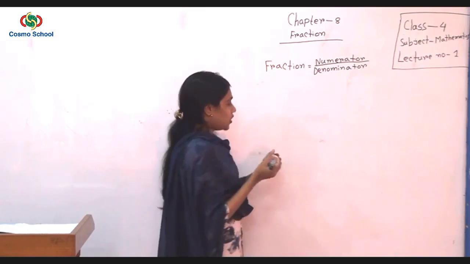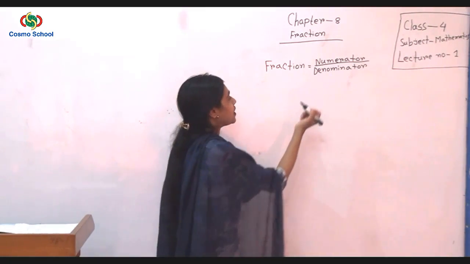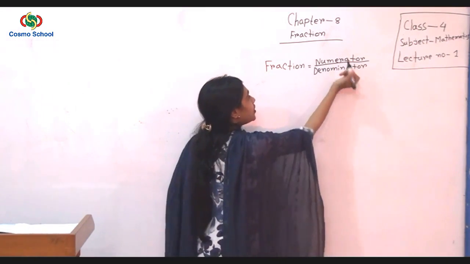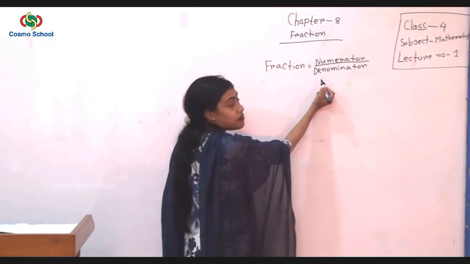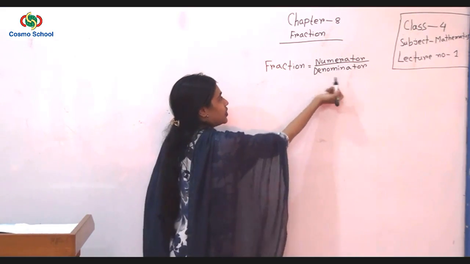Fraction has two parts. Upper part is called numerator and lower part is called denominator.